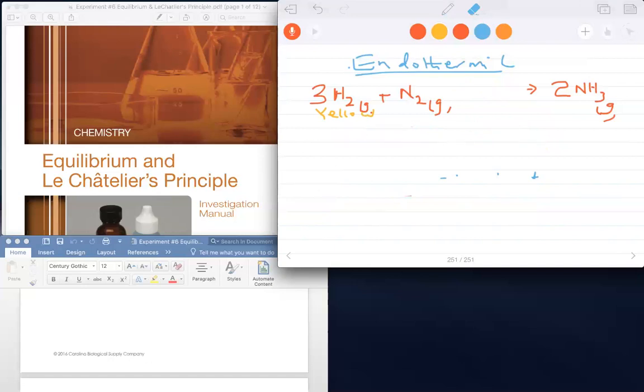And if I put here, let me say this is orange right here, orange. And we know heat is either evolved, either heat is produced in the reaction, or heat energy is absorbed during the chemical reaction.